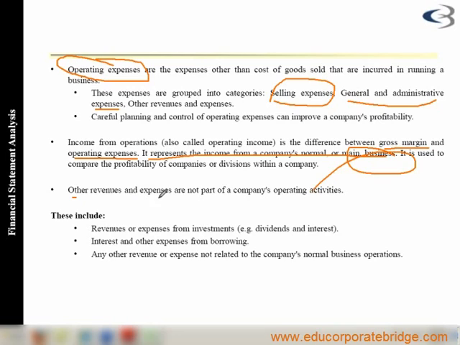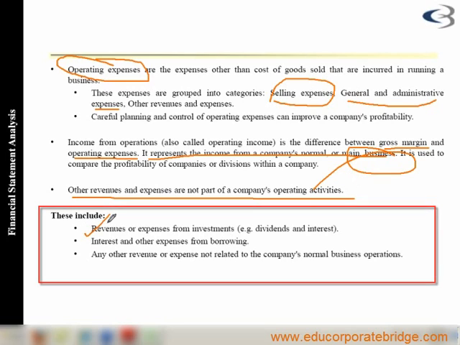Other revenue and expenses are not part of the company's operating activities. So other revenue or other income can be revenue or expenses from investment, interest and other expenses from borrowing, or any other revenue or expenses which are not related to the company's normal business profit.